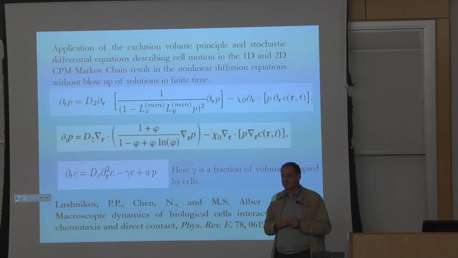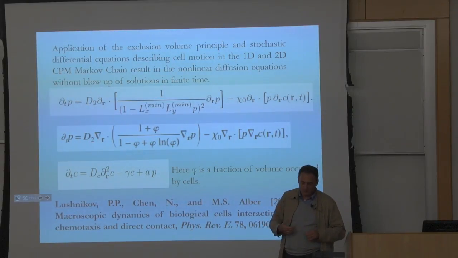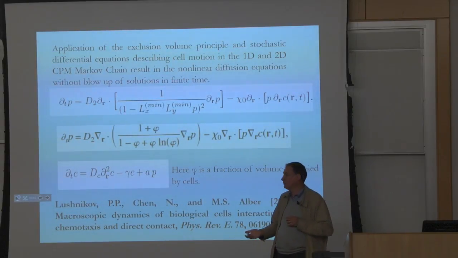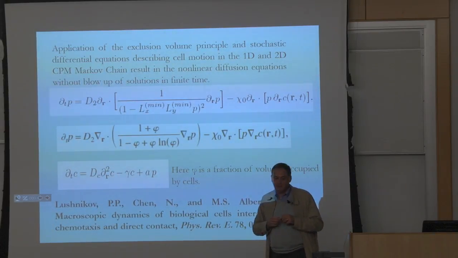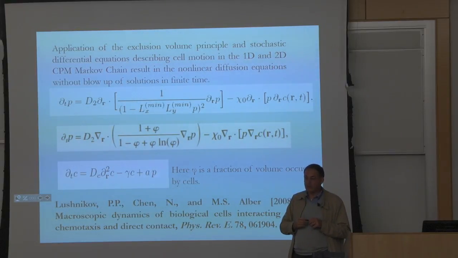The problem is there was a mismatch between modeling using partial differential equations and systems of particles on the physics side, because PDEs before were rarely derived from interacting particles. Or these derivations never took into account sizes of individual cells.